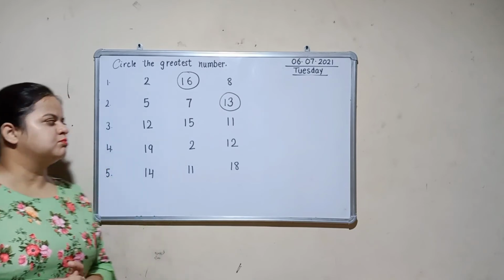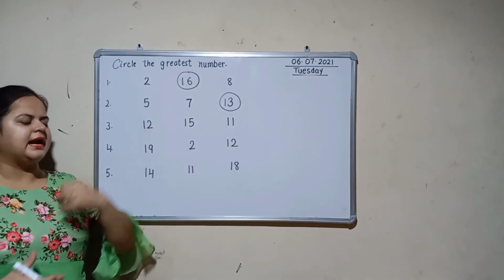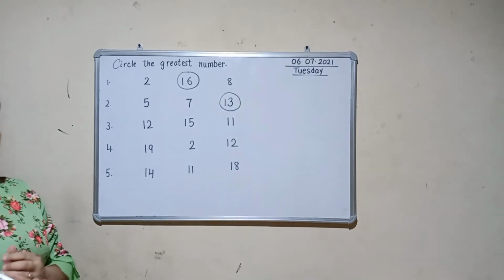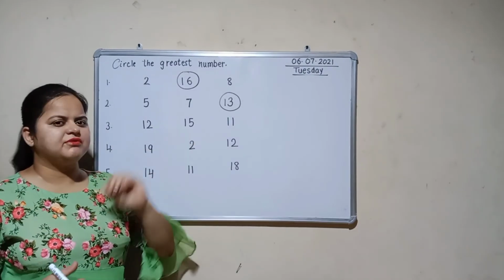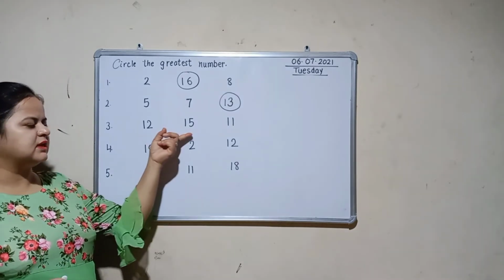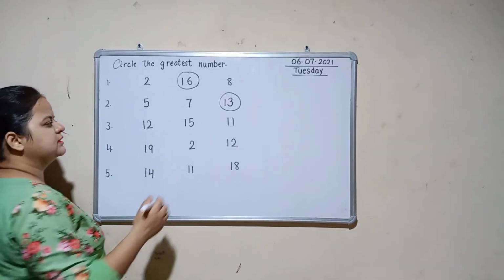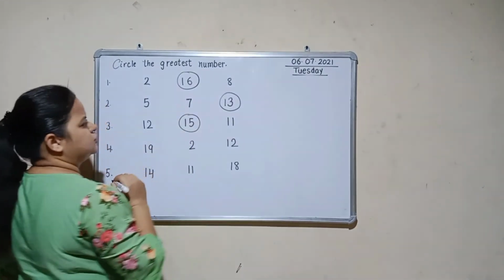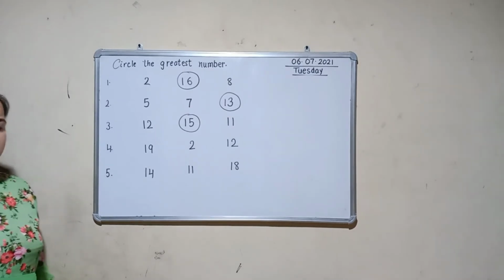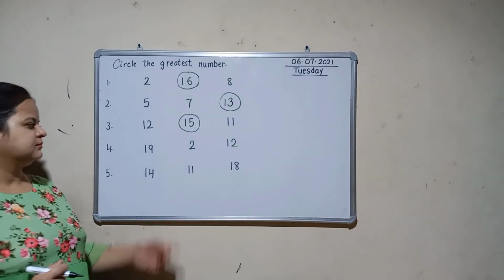Now 12 and 15. Which number comes later? Does 12 come first or 15? 12. So 15 comes last. So this is the greatest number. The numbers that come later are greater or greatest numbers.